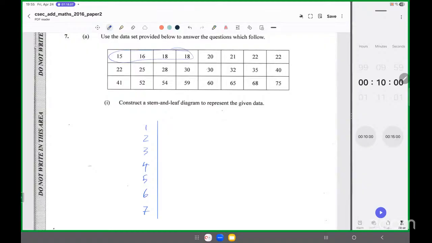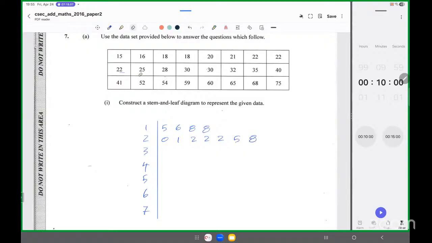5, 6, 8, 8. The twos: 0, 0, 1, 2, 2, then 2, 5, 8.